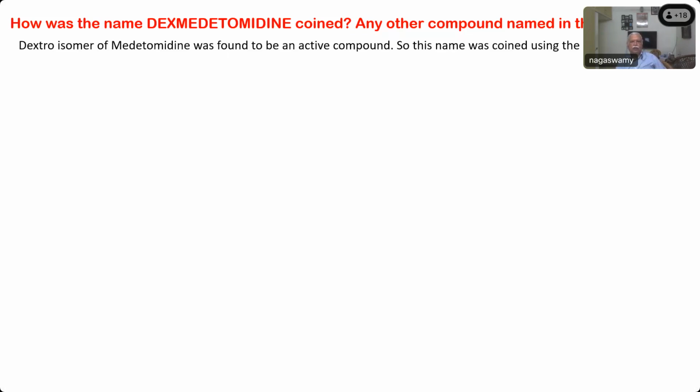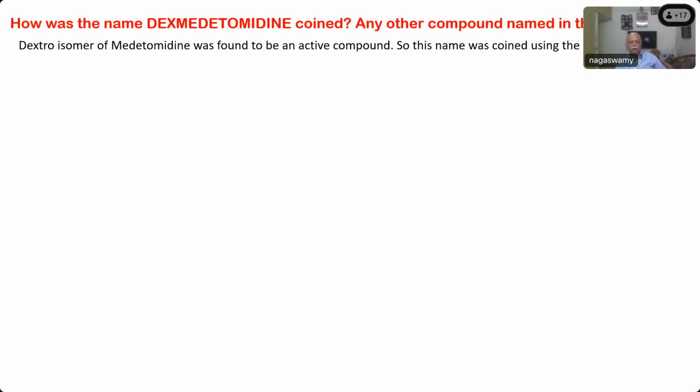So this name was coined using the dex from dextro. All of you know that all chemicals have a dextro form and a levo form. So the dextroisomer of medetomidine was the active compound. If they took the dex and added it to medetomidine, it became dexmedetomidine.